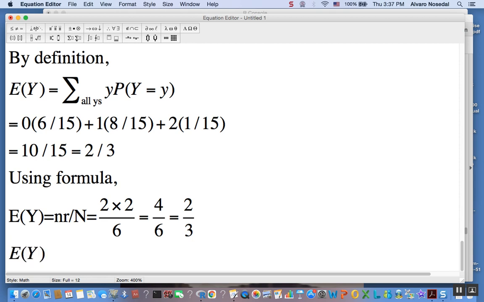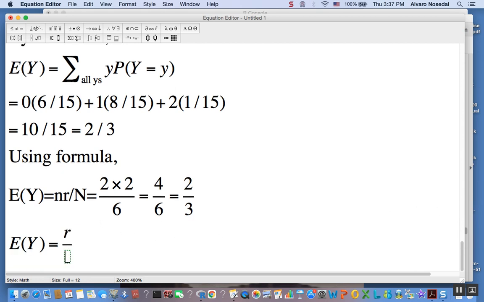Note that there's a similarity with the formula for the binomial. Remember that the expected value of a binomial random variable is n times p. So note that we could rewrite this formula here as r divided by n times lowercase n, right?